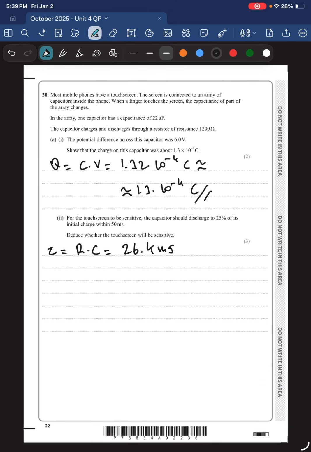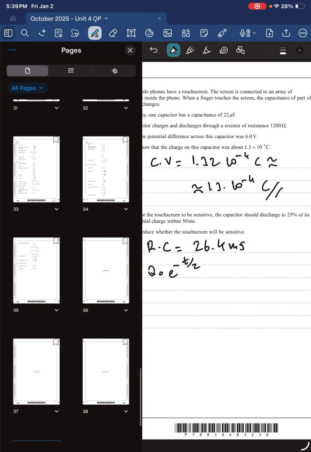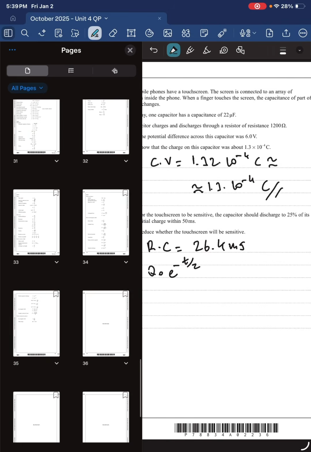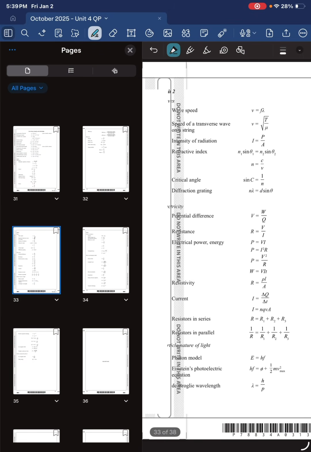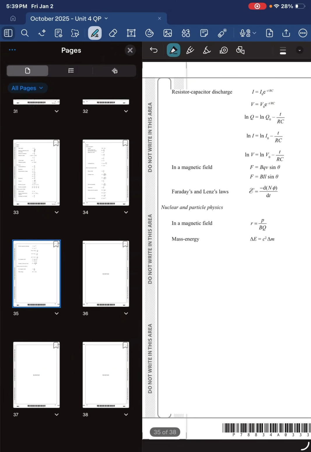So we need to find the time needed for the capacitor to discharge to 25% of its initial charge. So we can use Q equals Q naught e to the minus t over the lifetime, right? I'm a little bit worried that I'm using the wrong wording, so let me check really quick.